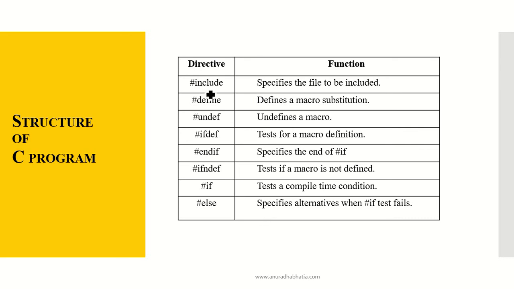#include specifies the file that needs to be included, and by default it's always the first statement of your C program. #define and the others are different directives that can be used, but #include by default will be the first directive and the first statement that you have to write for the structure of a C program or any program that you'll write in C. #define defines a macro substitution. #undef undefines a macro.